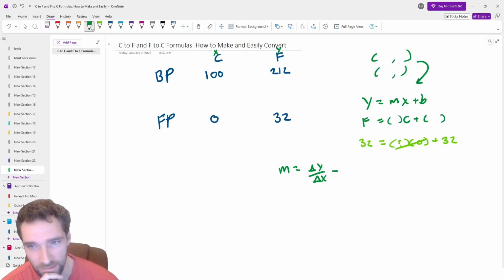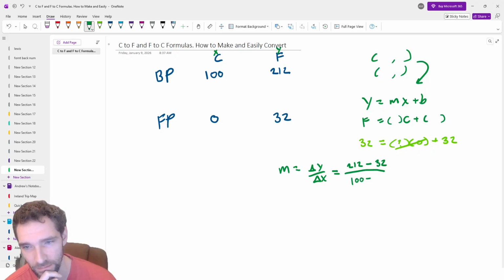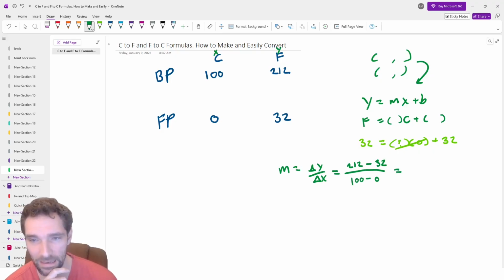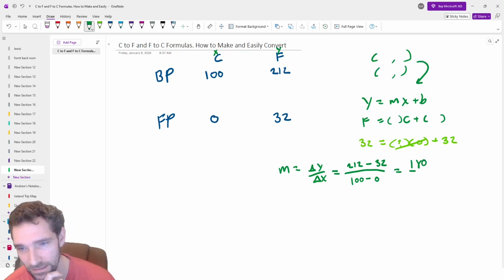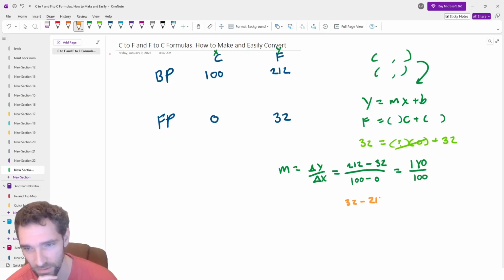If we're going back to the slope though, if we've got our change in y over our change in x, you can do your 212 for your y value minus 32. And then for Celsius, we are at 100, and we subtract 0 from that, and we get 180 over 100. Now you could do this the other way around. You could have the 32 minus the 212, and then have the 0 minus 100.